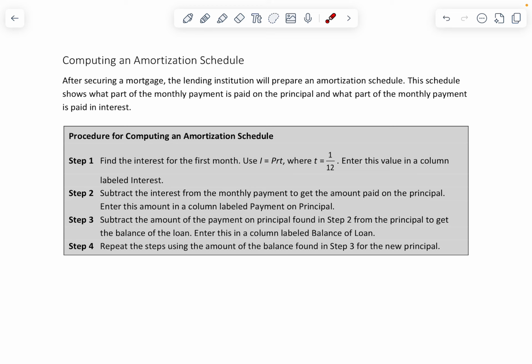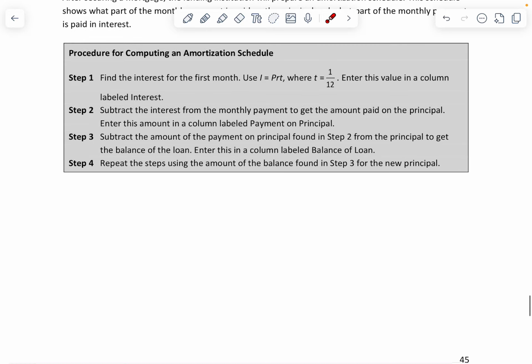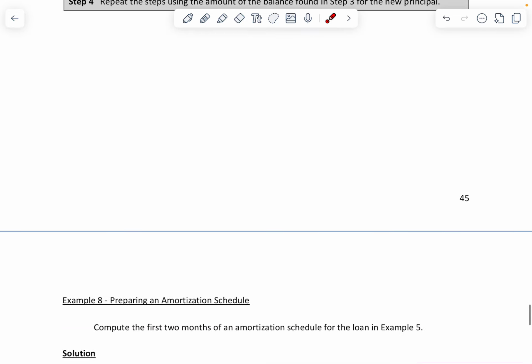Step 3, you would subtract the amount of the payment on principal found in step 2 from the principal to get the balance of the loan. Enter this amount in a column labeled balance of loan. And then step 4, repeat the steps using the amount of the balance found in step 3 for the new principal. Okay. So what does this look like in practice?